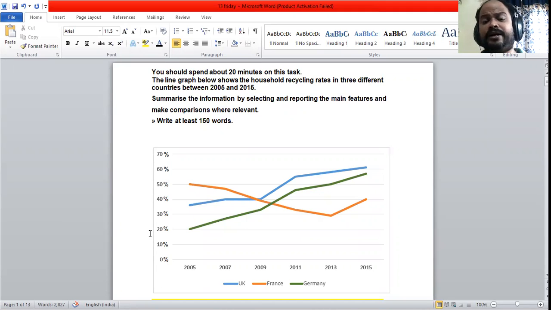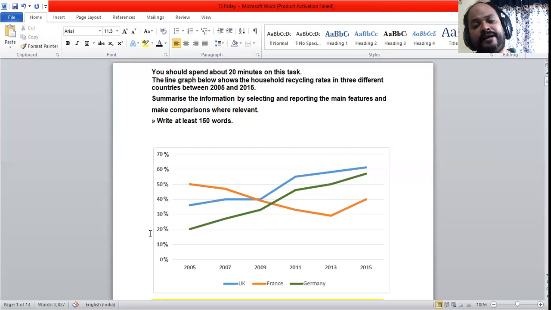And when you see the picture in 2005, you can see what is happening. In 2005, around 50% of the household waste in France was recycled, which was more than in the UK and Germany. But slowly we can see that the rate started going down in France, whereas both in the UK and in Germany, the recycling rate went up to reach around 60% by 2015.